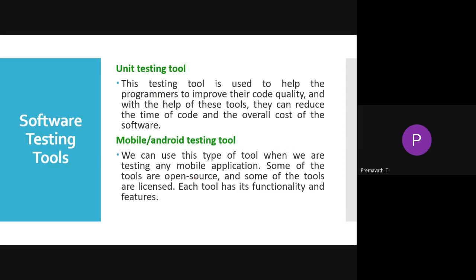When we go for unit testing, we use the unit testing tool for ensuring the quality of the code, and it also reduces the time of code and the cost of the software. So the unit testing tools are mainly used for doing the unit testing in the software testing strategies.